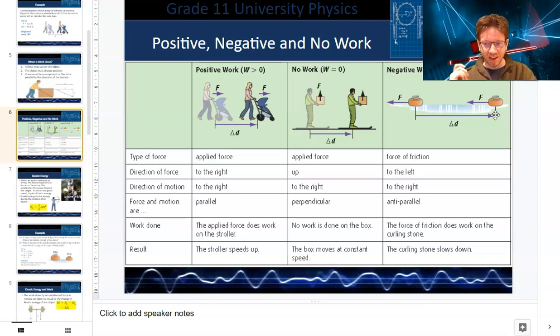But first, our case of no work. So that's this case here. In this case, you're holding an object as you're on, it looks like skis, as you're just sliding across horizontally. Now, if we're looking at specifically this box that we're holding and therefore applying an upwards force on the box, and if we're moving forward, those are at 90 degrees, so we are doing no work on the box.